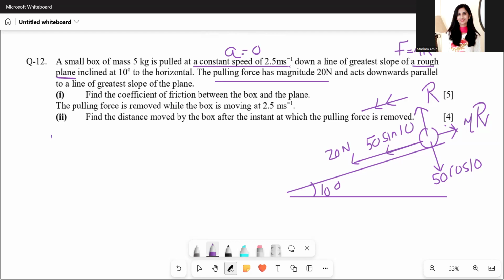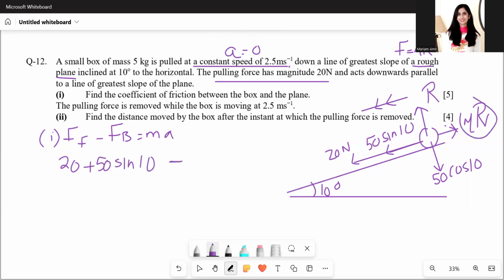So we're going to use forward force minus backward force is equals to ma, which is Newton's second law. So 20 plus 50 sine 10, both of these are the forward forces, minus there's one backward force, mu R, is equals to mass times acceleration.